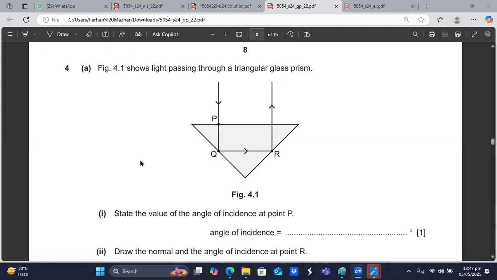State the value of the angle of incidence at the point P. This is the normal and the light is coming along the normal, so the angle of incidence with the normal is 0. The angle of incidence at the point P is 0 degrees.